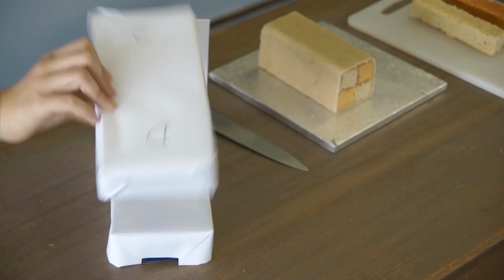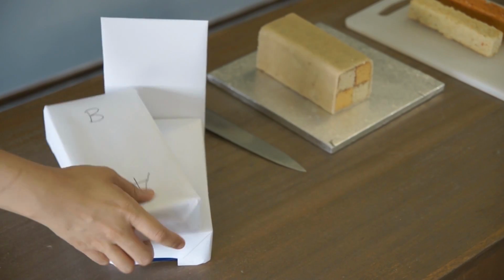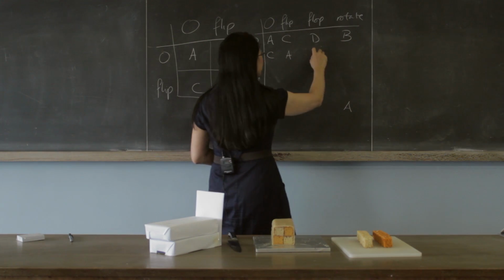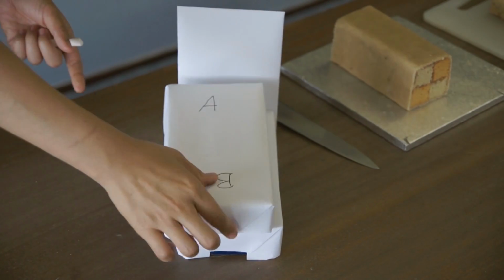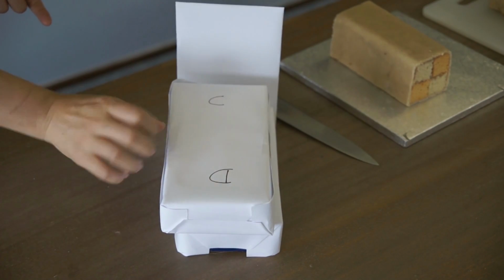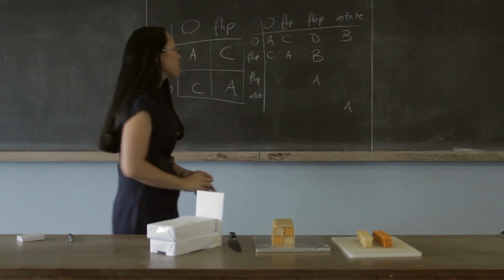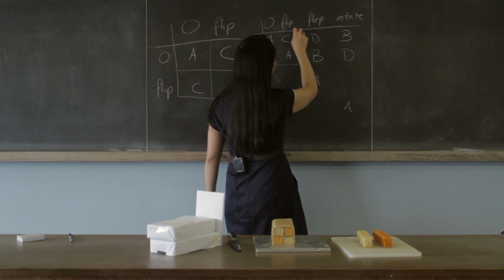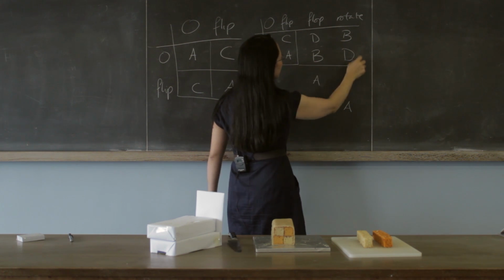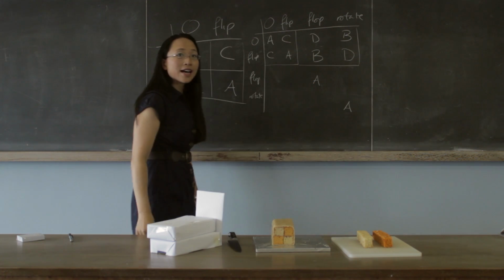I've got B. And what happens if I do flip? Okay, I've got to start back in the A position. What happens if I do flip and then rotate? And now I've got D. And look, I had a little Battenberg cake here, and I've got a little Battenberg cake there as well.